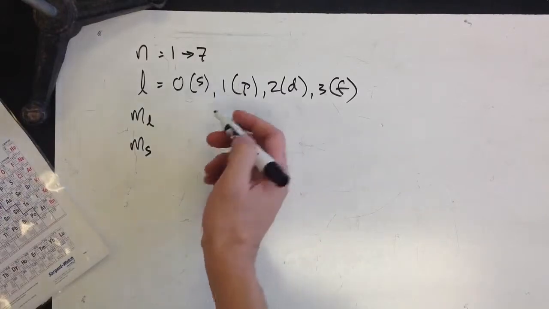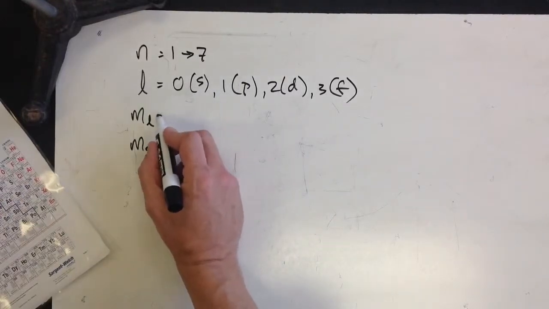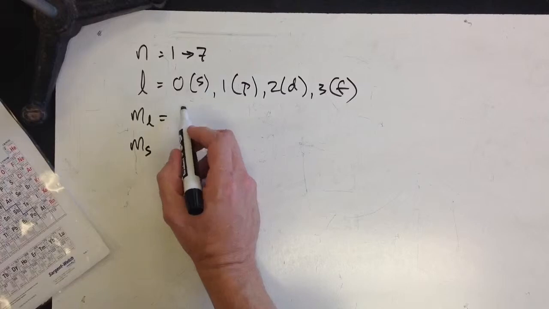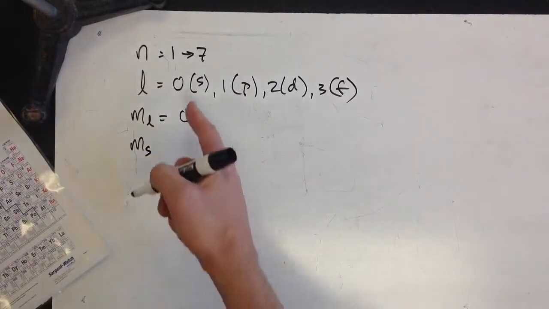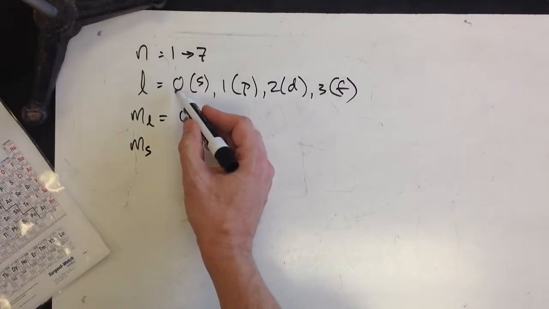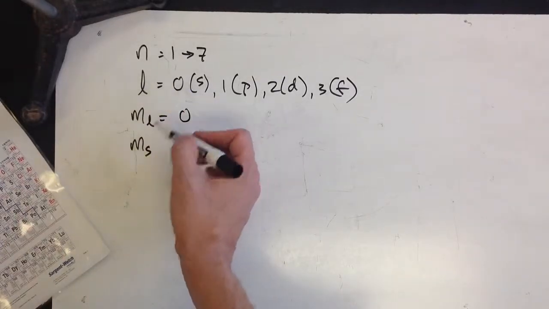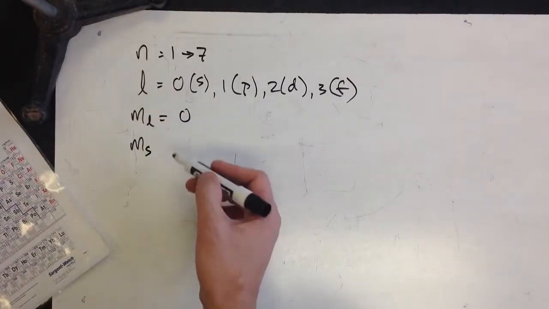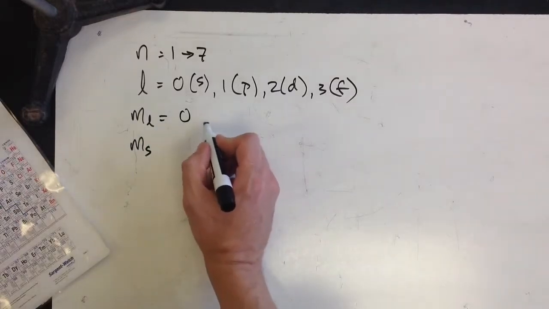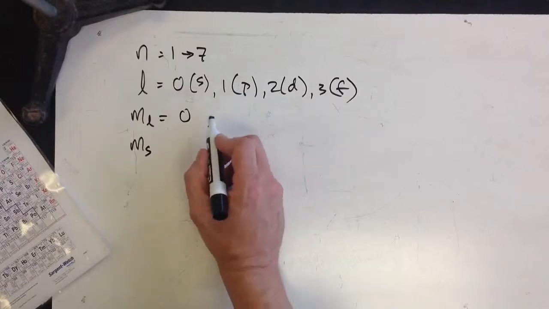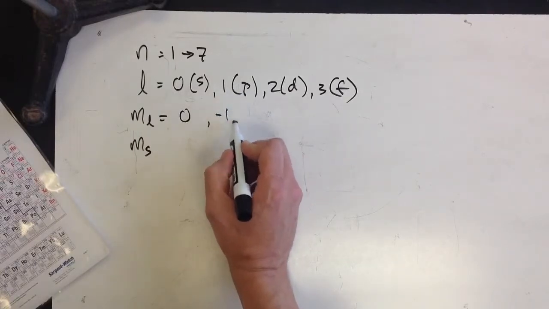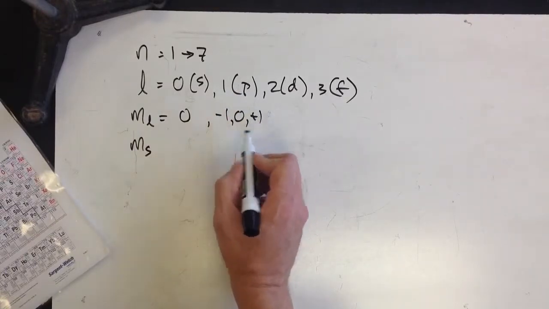So if it's the S orbital, we know that the ML value can only be 0 because the L value is 0 and it only holds 2 electrons. Therefore, we only need one ML value. For the P, we know that we can have 3, and it's -1, 0, or +1.